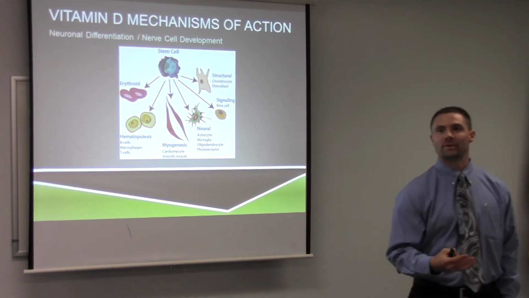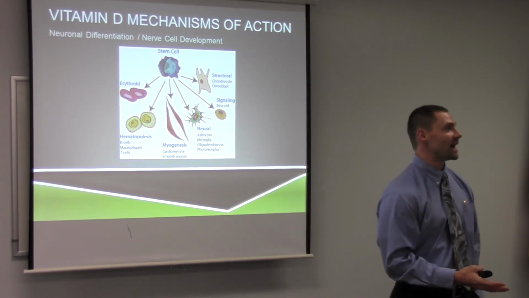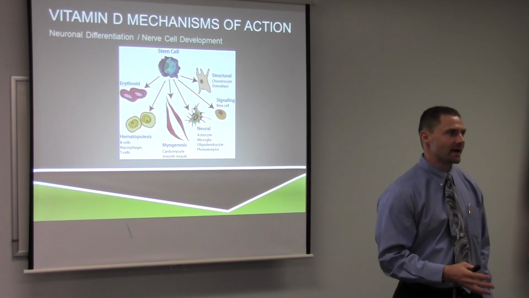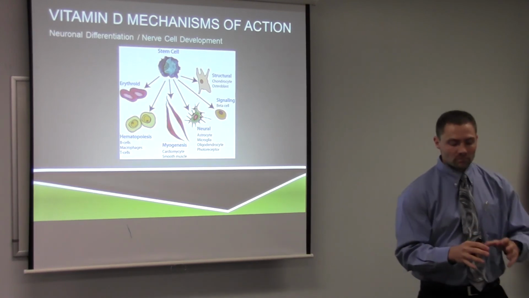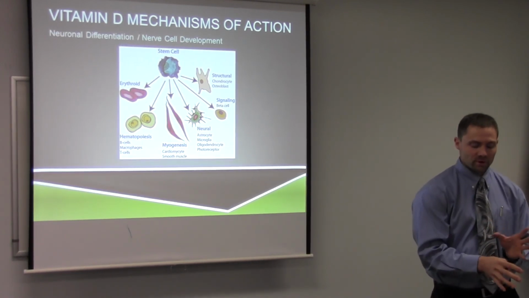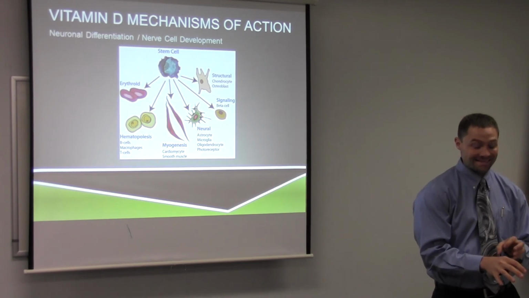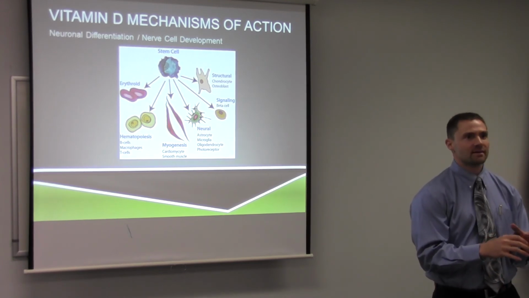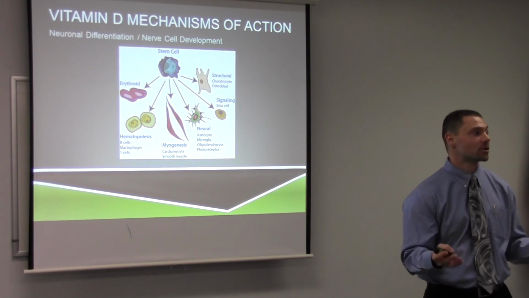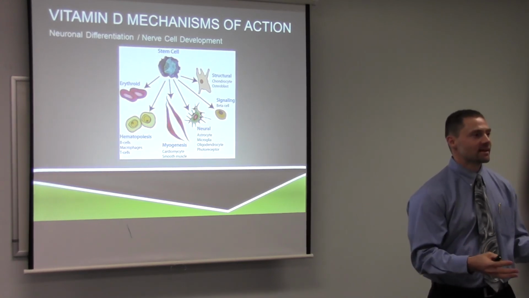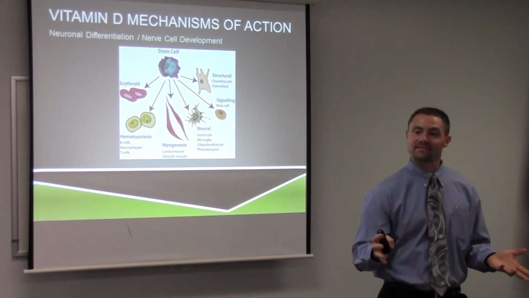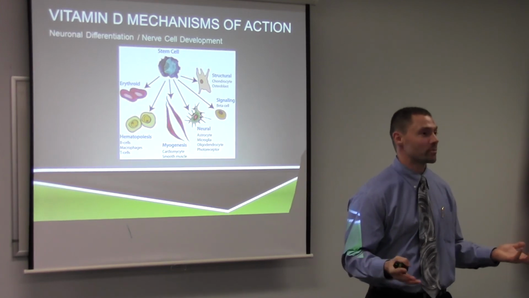How many of you guys have heard about stem cells? Stem cells kind of get a bad name, right? Stem cells are not bad. Basically what a stem cell is, it's a cell that hasn't differentiated itself and really determined what it's going to be. It's like the college student that just keeps taking classes and never really decides on a major or a career path, right?